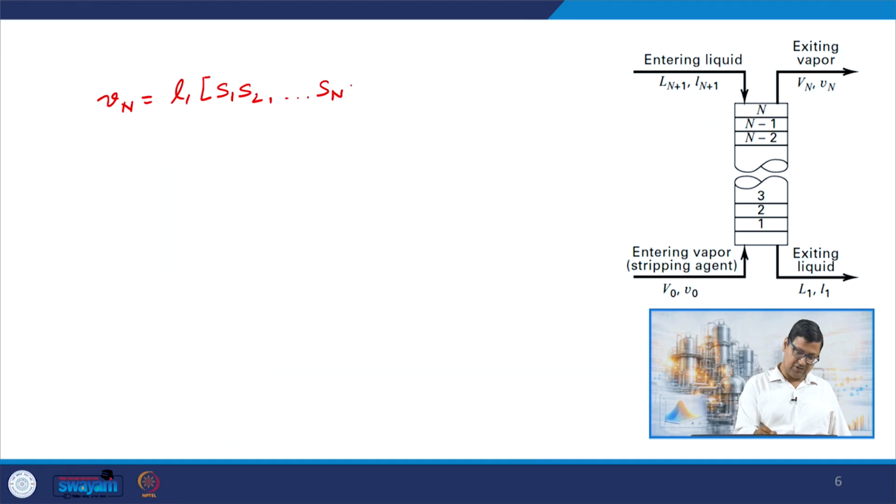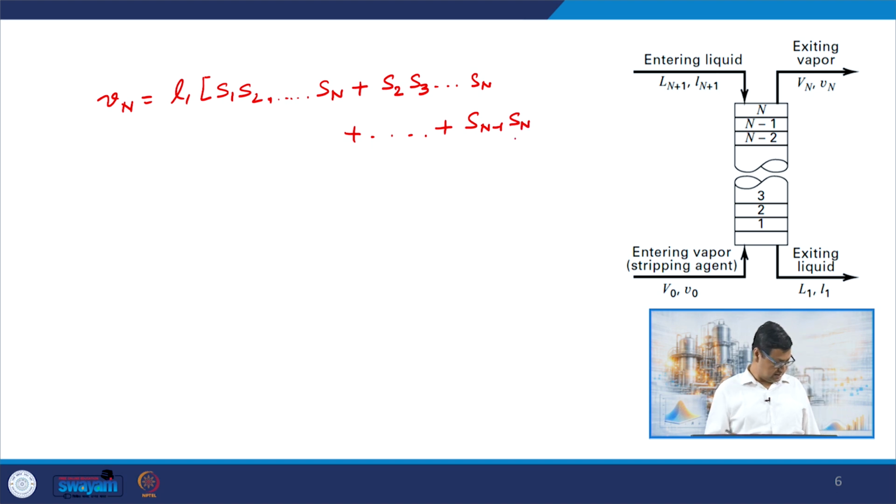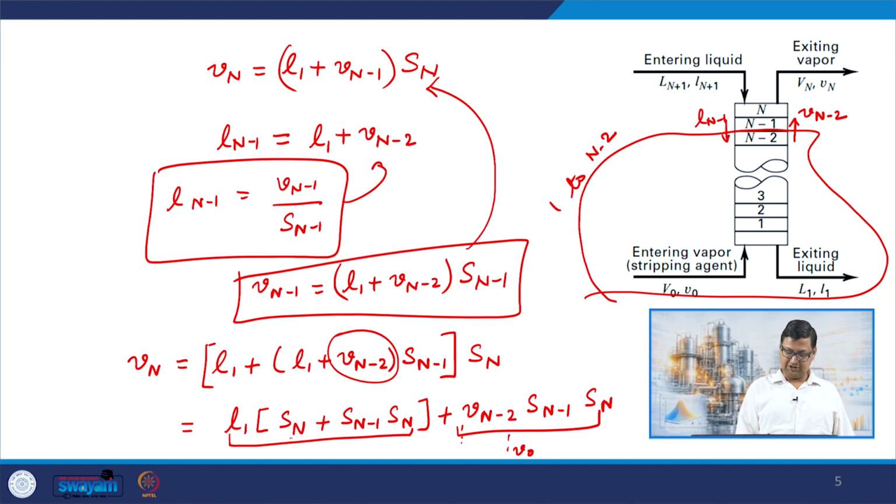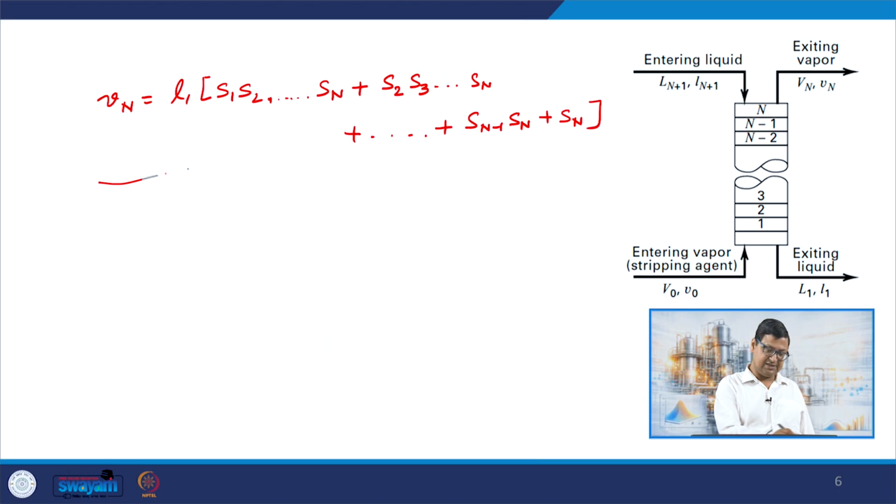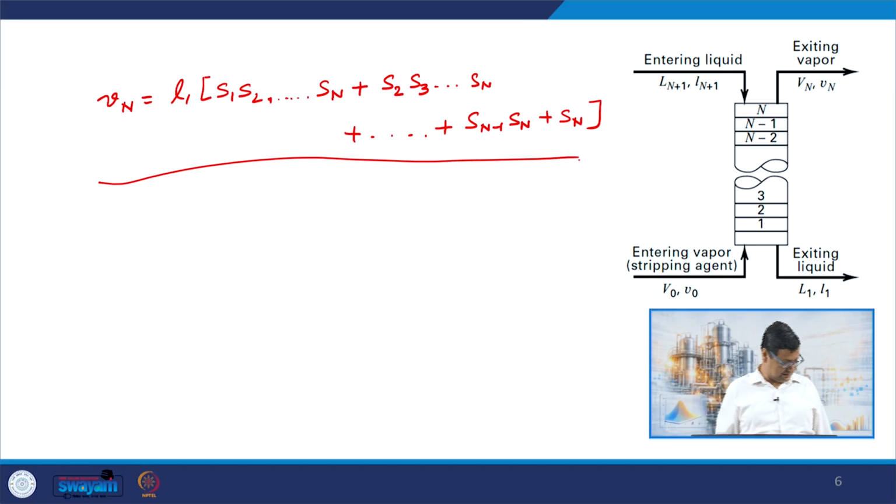So, we are eventually going to get S1 S2 to Sn plus S2 S3 to Sn plus something like S n minus 1 Sn plus eventually Sn. These terms are going to remain, and I will get an additional term coming from here, and so the final series is going to look like this.